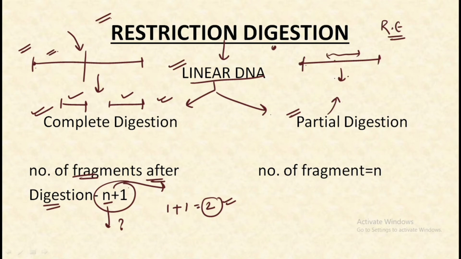As a result, there won't be any fragment created and the linear DNA would remain as it is. Initially we had the number of linear DNAs as 1, and because of partial digestion we had the fragments as 1 itself.